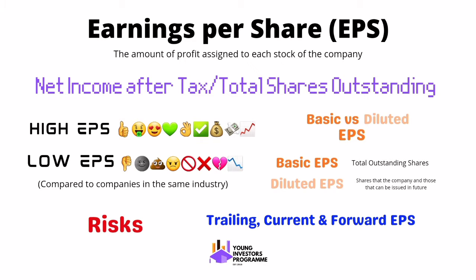Trailing EPS uses prior period earnings. Current EPS uses current period earnings, current fiscal earnings, and the forward EPS uses projected earnings. Projected earnings is something we'll talk about in a later ratio, so just keep in mind that the EPS is quite useful and will be quite useful for quite a few of the ratios that we have going forward.